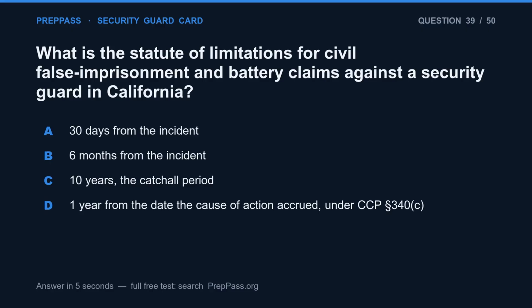Question 39. What is the statute of limitations for civil false imprisonment and battery claims against a security guard in California? A. 30 days from the incident. B. 6 months from the incident. C. 10 years, the catch-all period. D. 1 year from the date the cause of action accrued, under CCP Section 340(c).